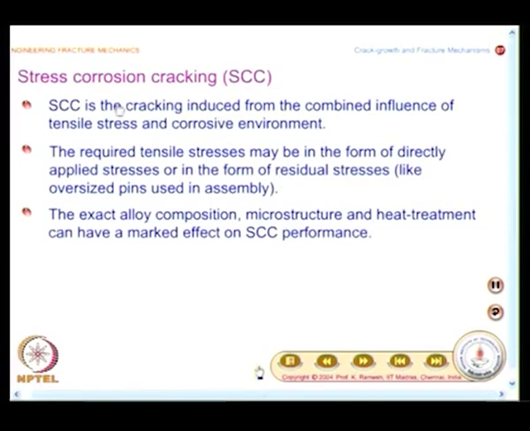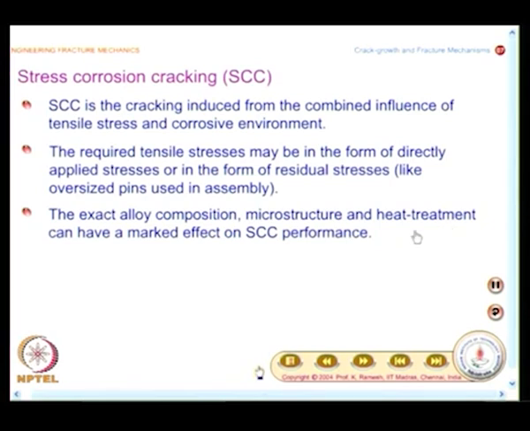And if you look at SCC, there is also a material angle to it. What is the exact alloy composition? So, that also gives you some kind of a way to come out of SCC. If I have an SCC problem, can I go and play with the alloy composition, or can I go and play with the microstructure and also the heat treatment?